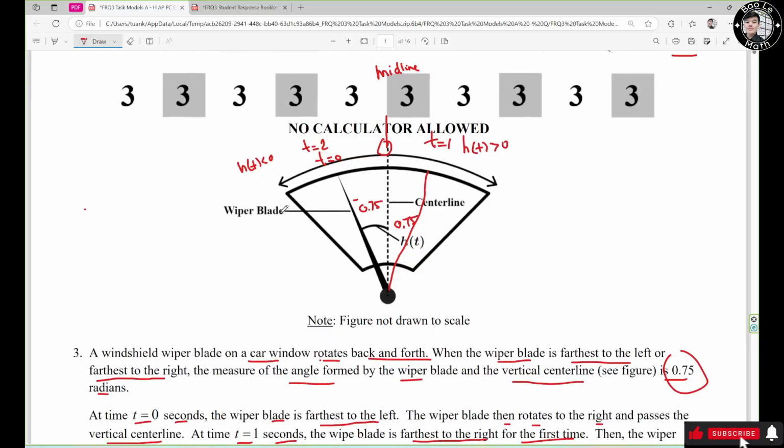So, look, it starts from the left-hand side, goes to the right-hand side at t equals 1 and goes back over here. So the period should be 2 seconds. Now you're going to take the period divided by 4 to find the length of each quarter. So 2 divided by 4 is going to be 1/2, or 0.5. So 0.5 is the length of each quarter.